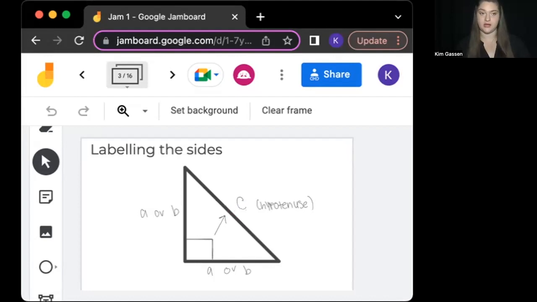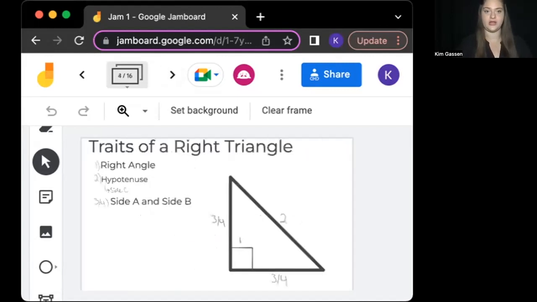So, okay, our line that we label C will be the longest, okay? It's called the hypotenuse. That is spelled hypotenuse, okay? C, line C, your hypotenuse, should always be across from your right angle. So when you look at a right triangle, you need to find two things and then a third and fourth thing.